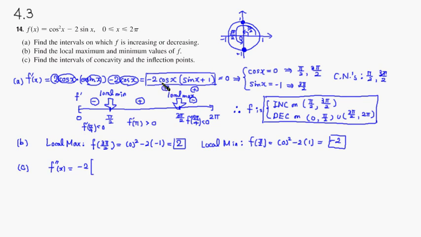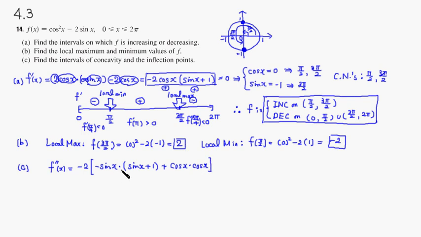The derivative of cosine is negative sine of x, times the second factor, sine of x plus 1, plus the first, cosine of x, times the derivative of sine, which is cosine of x.